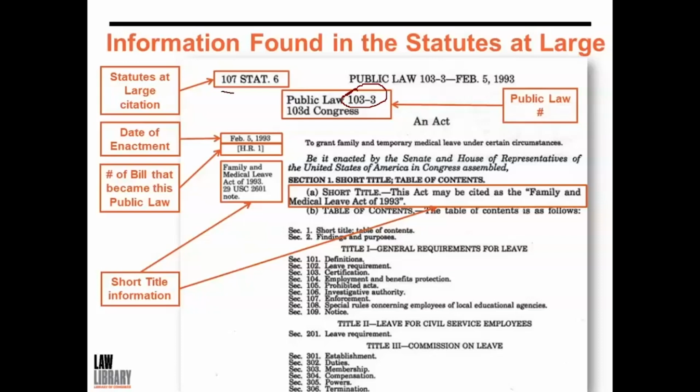Volume is 107. In this case, it's page 6. Moving down, you have the date of enactment, February 3rd, 1993. And then they also give you the bill number of the bill that eventually became the public law. So there's your answer to question 4.